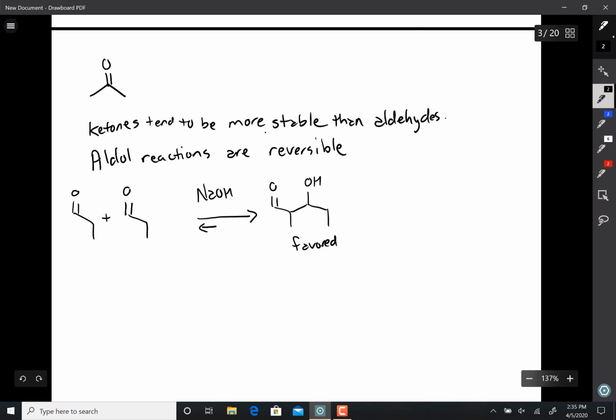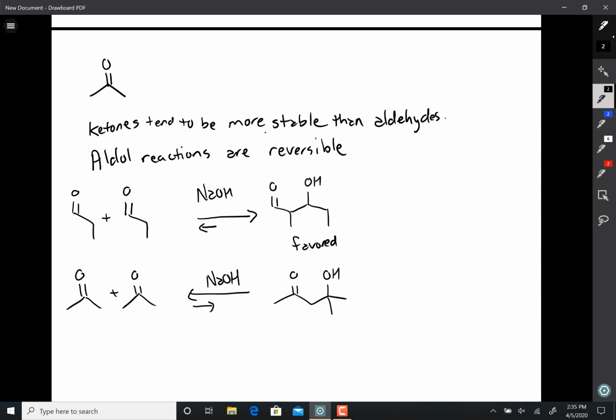And typically the right side's favored. When it comes to a ketone though, since ketones are more stable than that, typically compounds like this have a tendency to split apart into two ketones.